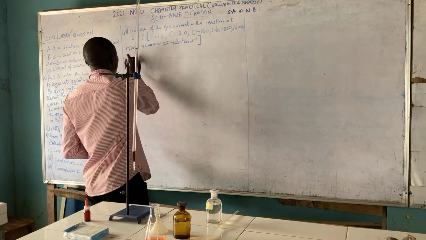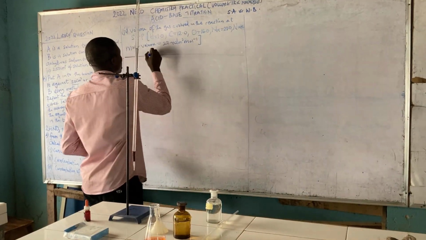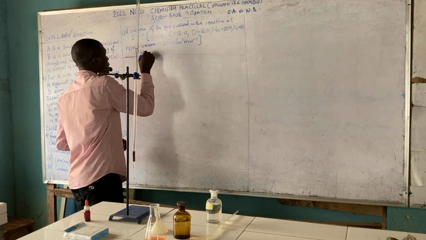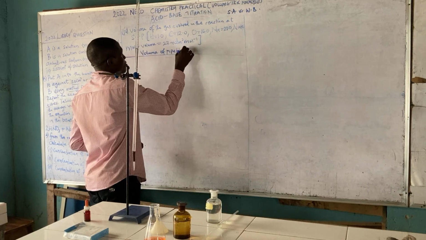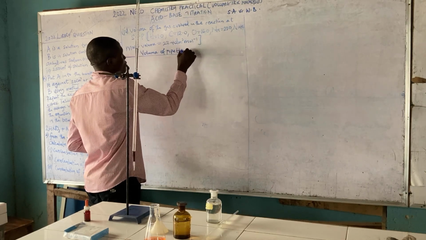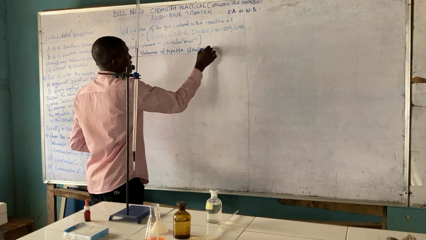Now let's plot our table. The first thing to record here is the volume of pipette used, which is 25 cm³.